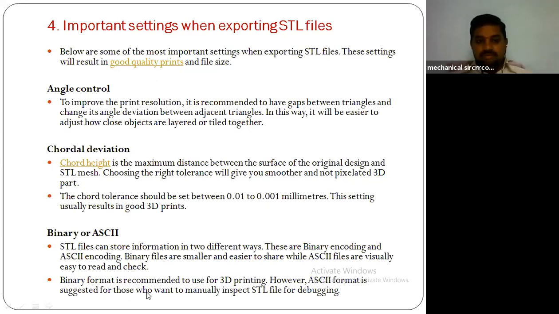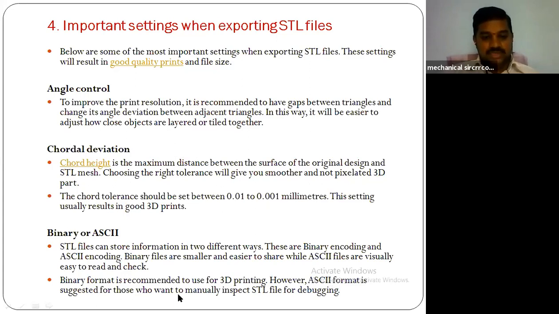Binary format is recommended for 3D printing. Binary codes, from the primary classes, what is binary code? Zeros and ones, 1001 or whatever it may be. You may understand that from the lower classes.